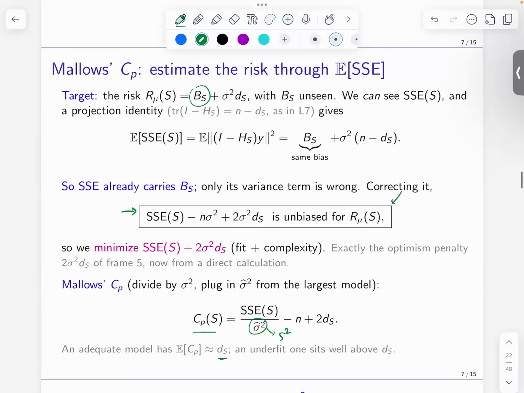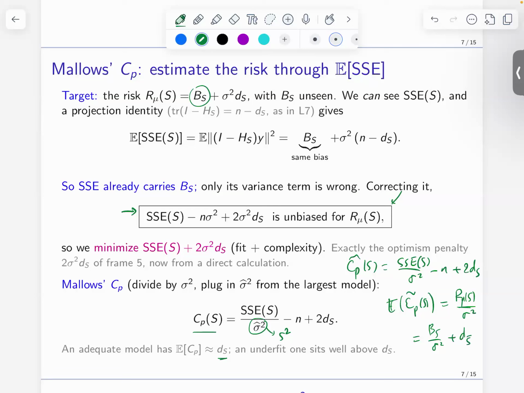And we know that this CP, let's call this CP tilde S, if I divide by actual sigma squared, the expectation of CP tilde would be equal to R mu S divided by sigma squared, which would be ds divided by sigma squared plus ds. So when there's no bias, it would be equal to ds. For adequate models, on average, you would see that these are equal to ds.